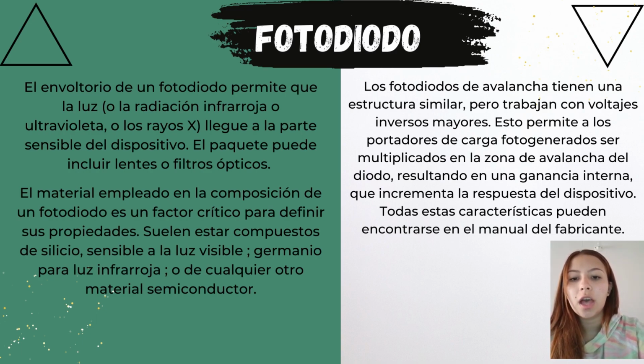Avalanche photodiodes have a similar structure, but work with higher reverse voltage. This allows the photogenerated charge currents to be multiplied in the avalanche zones of the diode, resulting in internal gain, which increases the response of the device. All these features can be found in the manufacturer's manual.